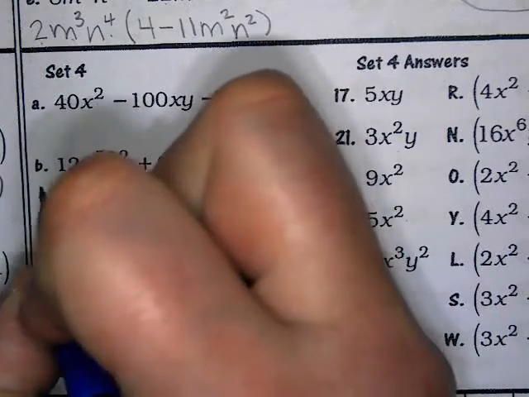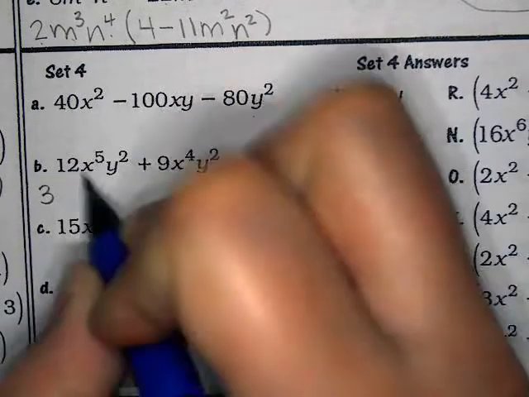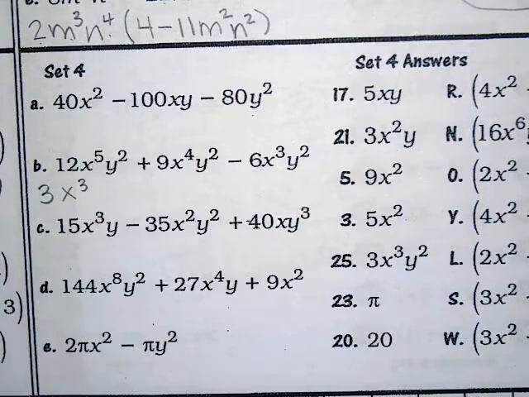We have x to the fifth, x to the fourth, x to the third. How many do we take out? Third? So we're going to take out an x to the third. And then we have a y squared, y squared, y squared. So y squared, yeah. Okay.